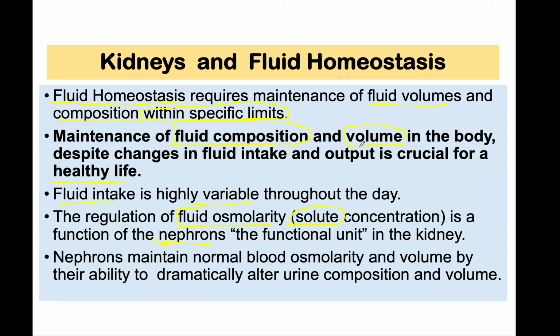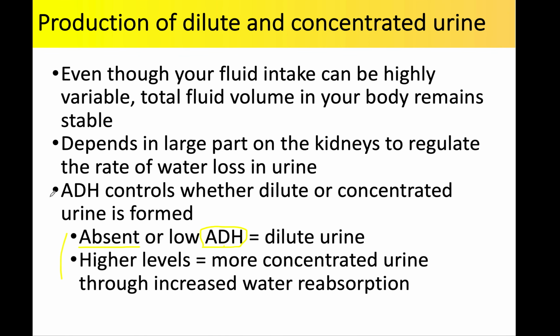They control volume by concentrating the urine. When the kidneys and nephrons conserve more water, they reduce the osmolarity, or when they excrete more water, they decrease osmolarity. It depends on the situation of the body and what the body needs at that time. So the kidneys, along with the antidiuretic hormone, control it.